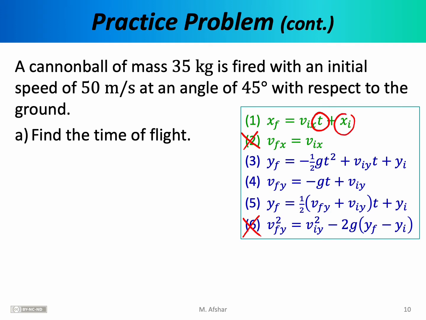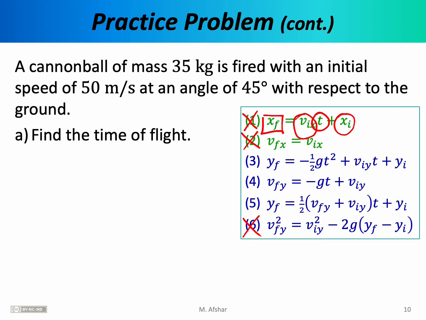I also know what x initial is, and with a little bit of work, we can probably figure out what Vix is. Unfortunately, I don't know what the final position of the projectile will be when it hits the ground. Therefore, I'm going to rule out equation 1 as well. Equation 1 has 2 unknowns in it, t and xf, so it's not really suitable for solving for t.